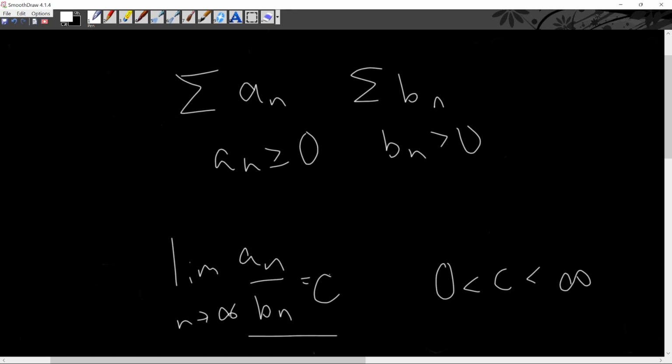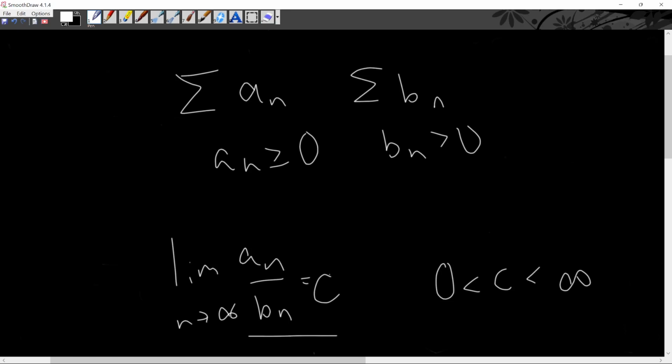So if you pick a divergent b or divergent a, then you'll have a divergent a and a divergent b, respectively. And if you pick a convergent b or a convergent a, you will have a convergent a and a convergent b, respectively.